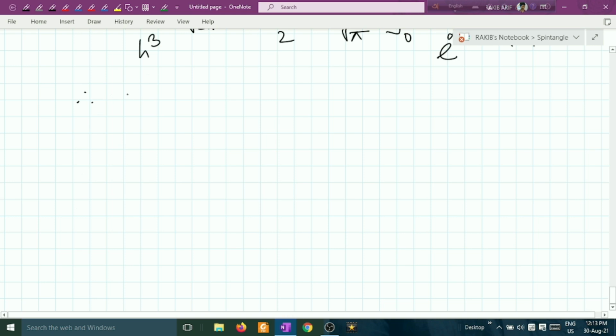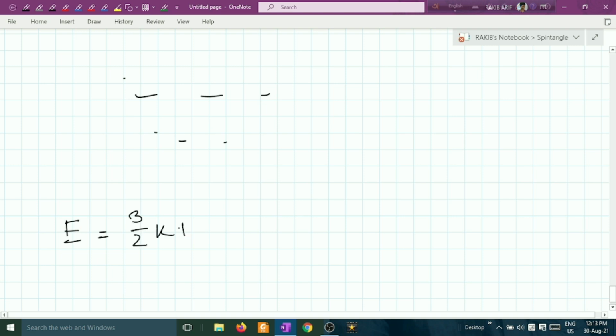Take beta e equals x. Write this on your copy. I am not doing this. You have to solve this integration, and the value of the integration becomes, I am writing, E equals 3 by 2 kT, and here it is v by h cube into 2 pi m kT. This is your homework, to do this integration.